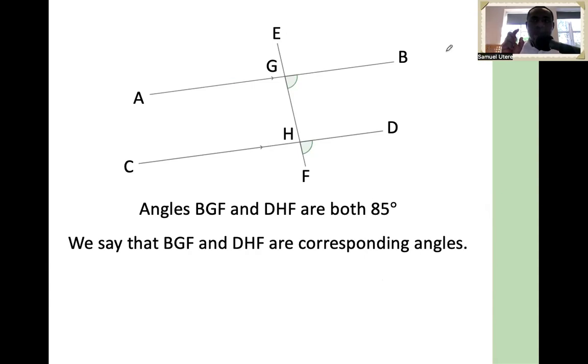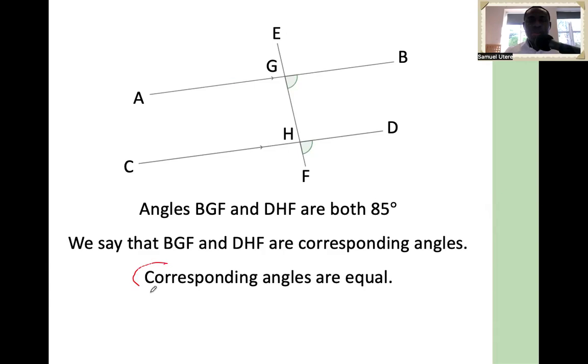And then we find these in parallel lines that have a transversal cutting through those parallel lines. Now, if you look at these, we say corresponding angles are equal. So take note of another geometric fact that you would use. Corresponding angles are equal. I want you to take note of this.